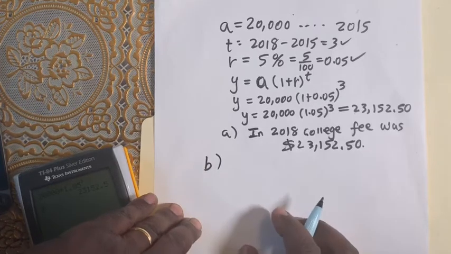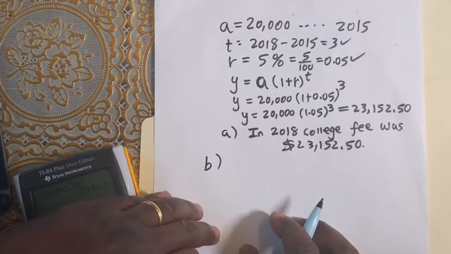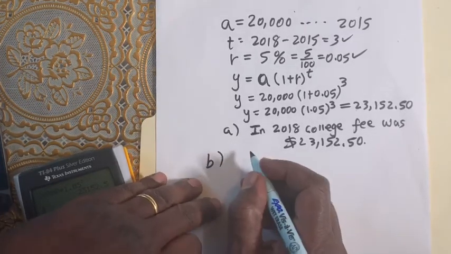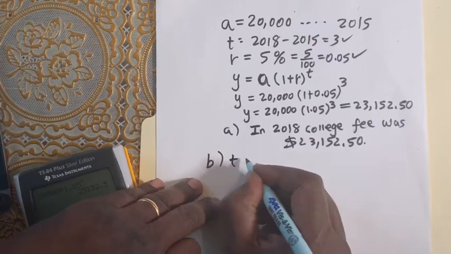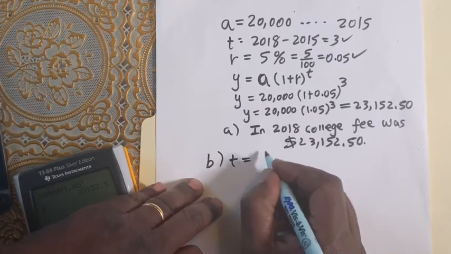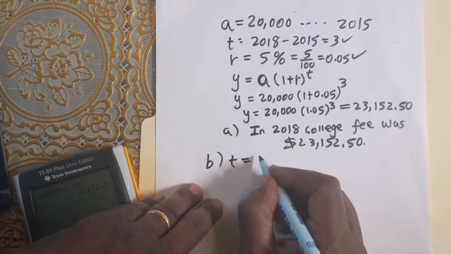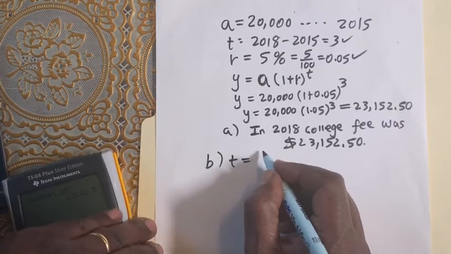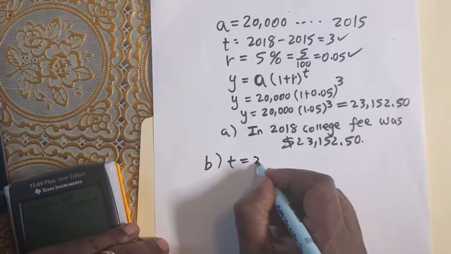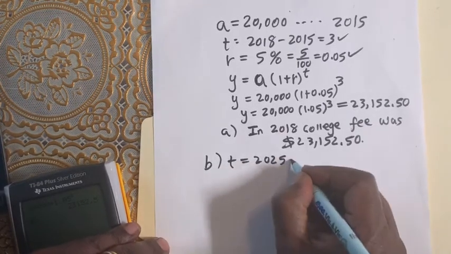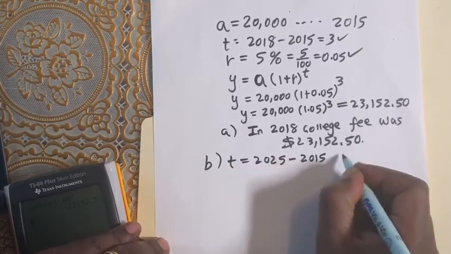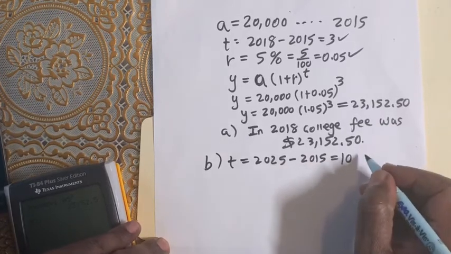Question B, how much will college tuition be in 2025? It says. So the time will change now, because in 2015 it was 20,000. We are going to calculate or predict what it will be in 2025. So the time will be 2025 minus 2015, which is 10 years.